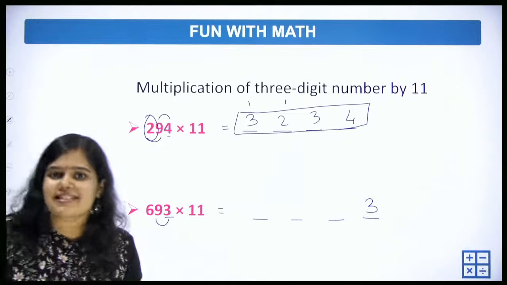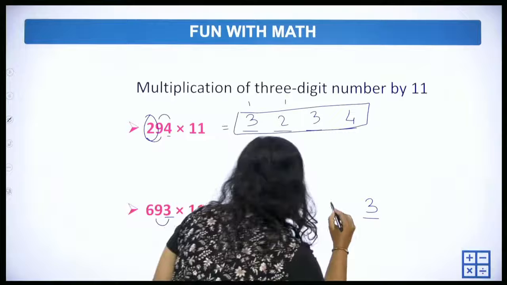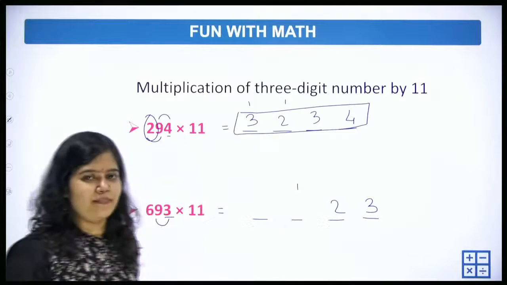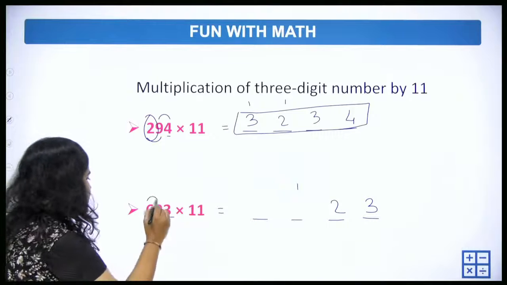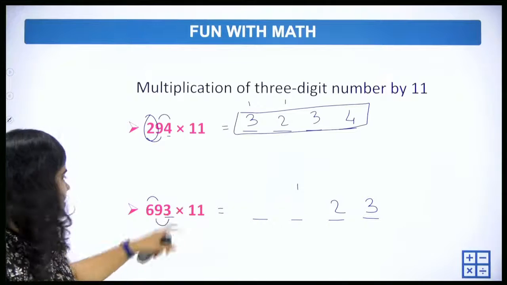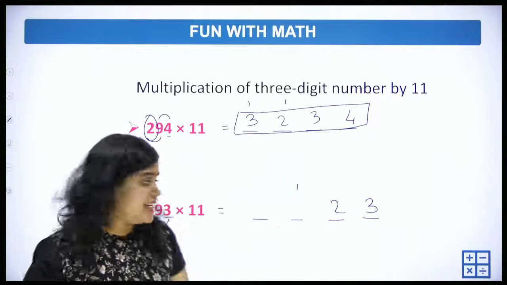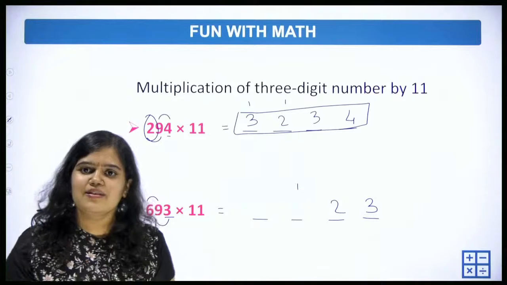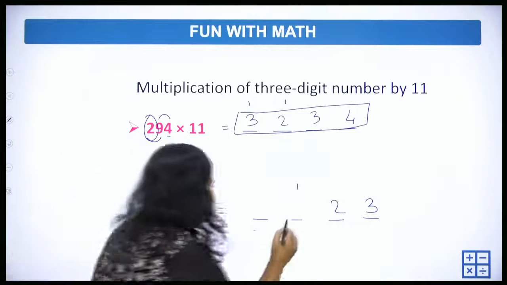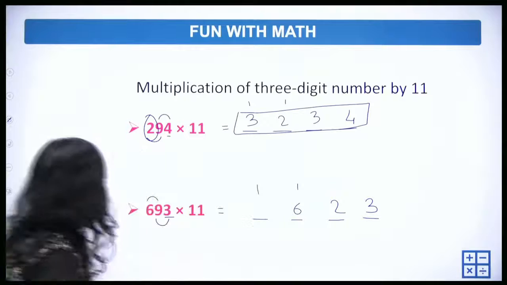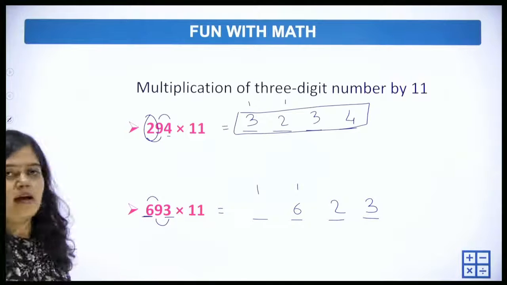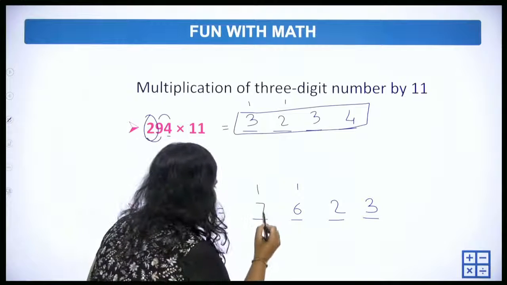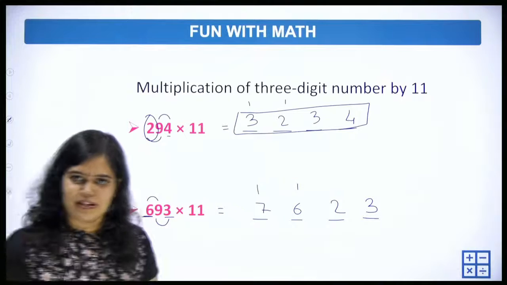It is 9 plus 3, 12. So 2 here and 1 carried. Then, what is the hundreds place? 6 plus 9 is 15 and I already have 1. So this is going to be 16. So 6 and 1 carried. Now, the thousands place is 6 plus 1, 7. So 7, 6, 2, 3.